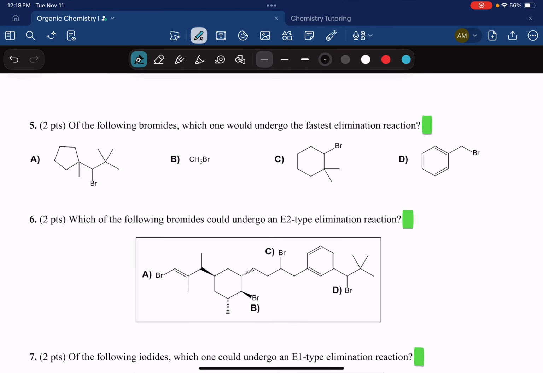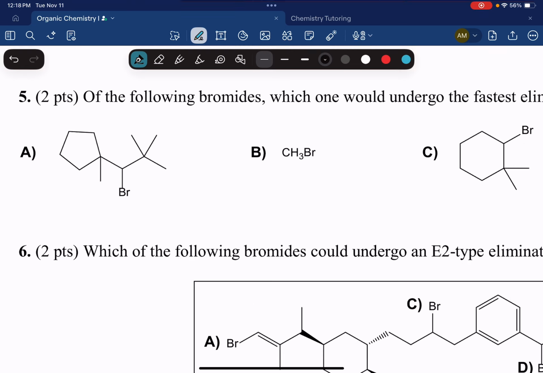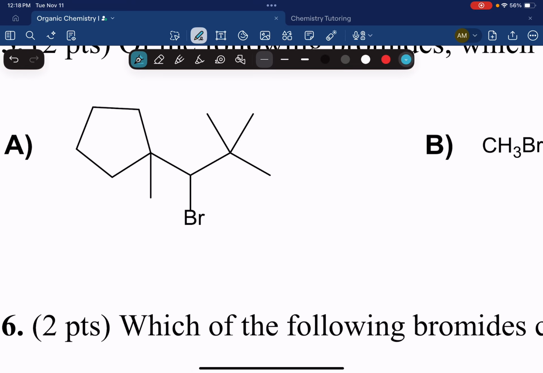Okay, which one would undergo the fastest elimination reaction? Let's just look at the terms of an elimination reaction, right? So this is the alpha carbon. Where are beta carbons?